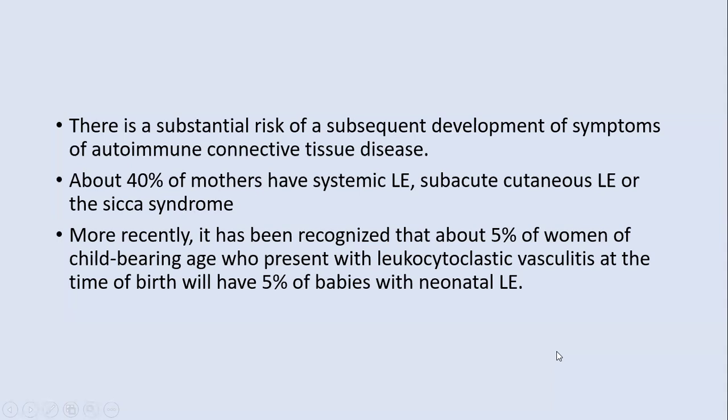There is substantial risk of subsequent development of symptoms of autoimmune disease. Up to 40% of mothers have systemic LE, subacute cutaneous LE, or Sjogren syndrome. Most recently, it is recognized that 5% of women of childbearing age who present with leukocytoclastic vasculitis at the time of birth will have babies with neonatal LE.